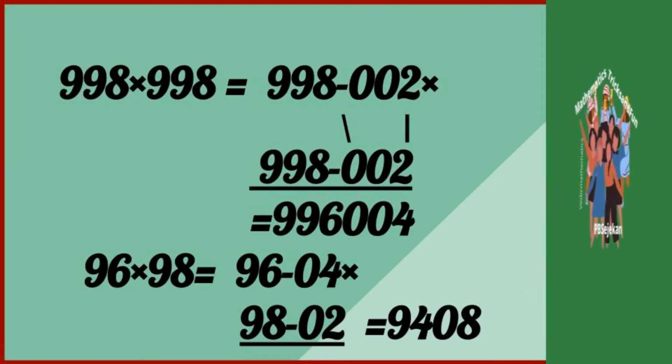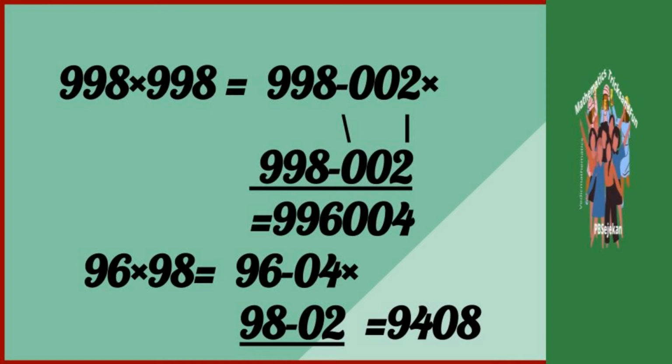Here in the first example, we have to find the square of 998. We will do this by nikhilam-sutra. That is, multiply vertically and add or subtract crosswise accordingly. Here, first find out the base. Since 998 is near 1000, we will take 1000 as base.